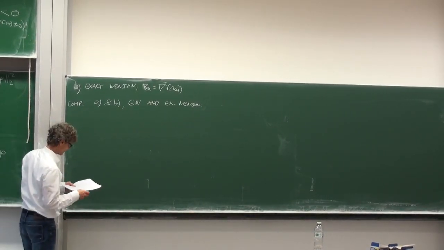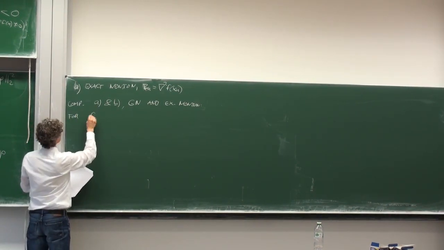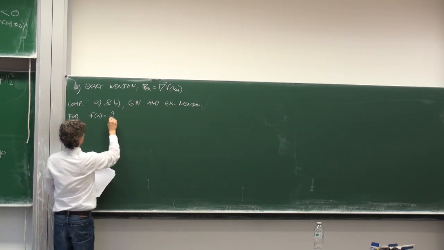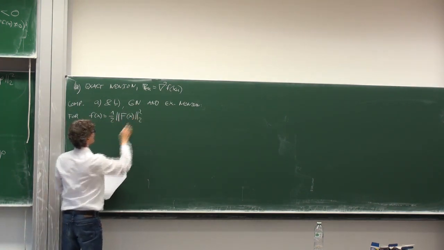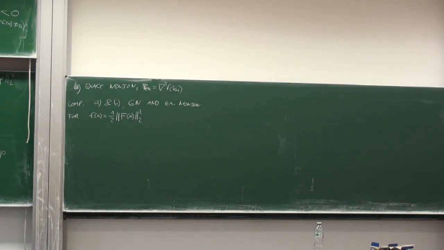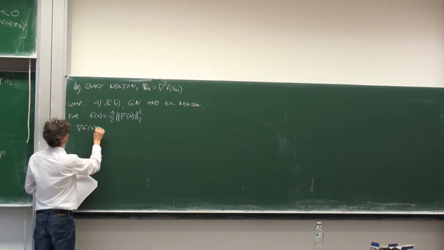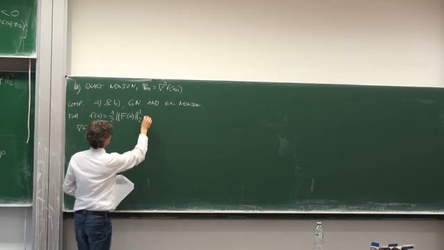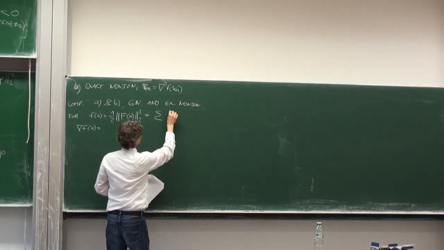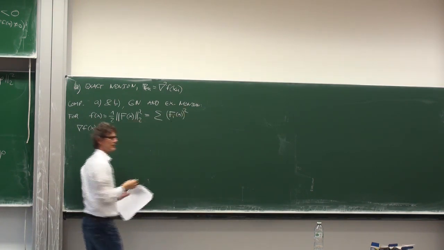So what we can do is compute, for this case where we have f of x equals one half the squared norm of F, the first and the second derivative. The first one we know already: nabla f of x is given by this expression that I wrote, but I will write it a bit differently. This is actually f_i of x, and these things are scalars, and we square them all.